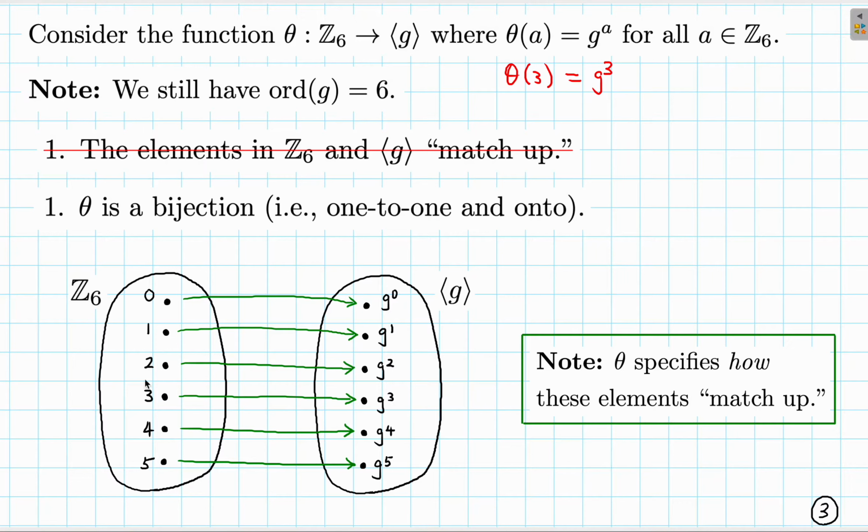And we can see that visually here. And what this does is that this function theta specifies how these elements match up. So for example, we see that 3 matches up with G to the third because theta maps 3 to G to the third power. And so theta being a bijection is a more precise way of saying that the elements in those two groups match up.